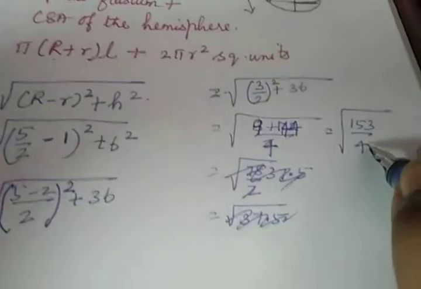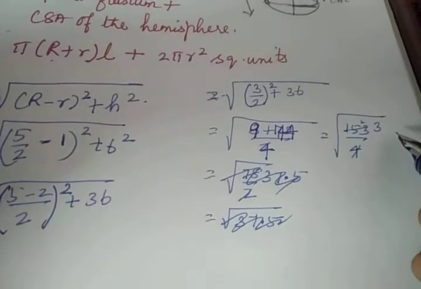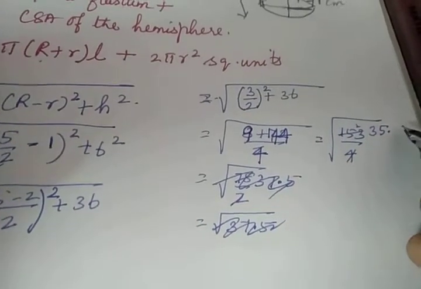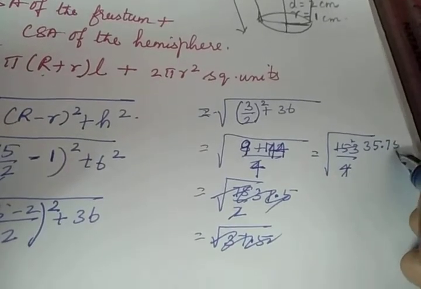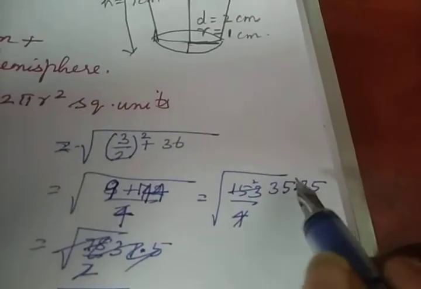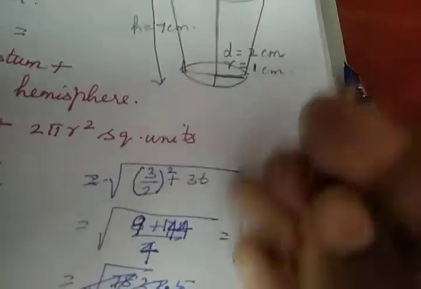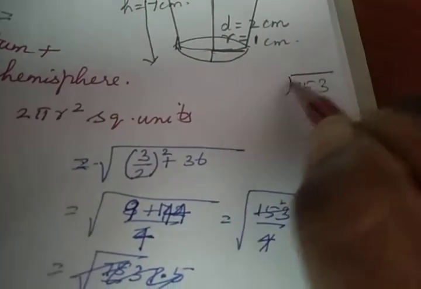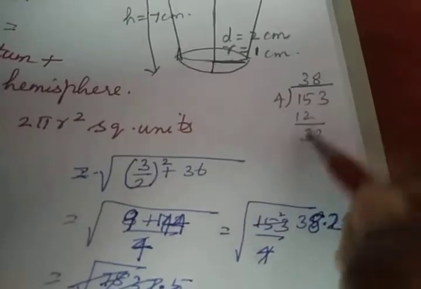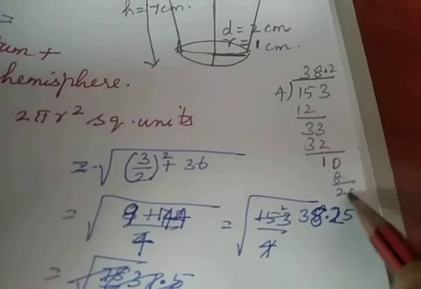We will cancel in the fourth table directly. 153 divided by 4: 3 4s are 12, 13, 14, 15, 33, 8 4s are 32, remainder 1, 10, 2 times 8, remainder 2, 20, 5 4s are 20.